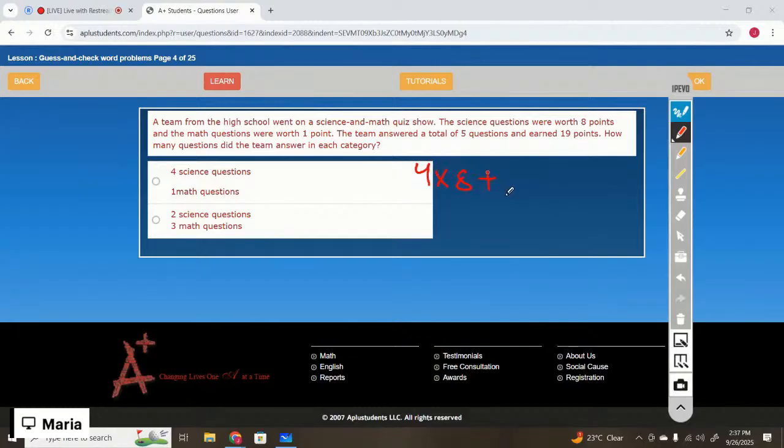4 times 8 plus 1 times 1. 4 times 8 is 32 plus 1 is 33. So this is not the correct option. 2 times 8 is 16 and 3 times 1 is 3. 16 plus 3 is 19.